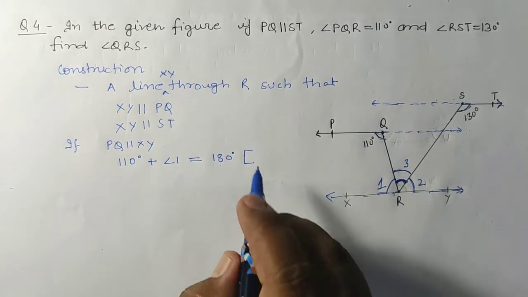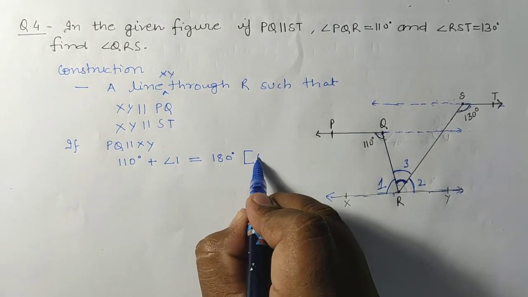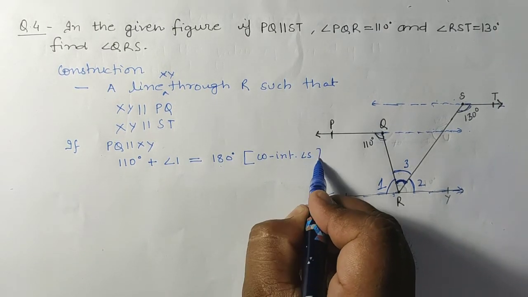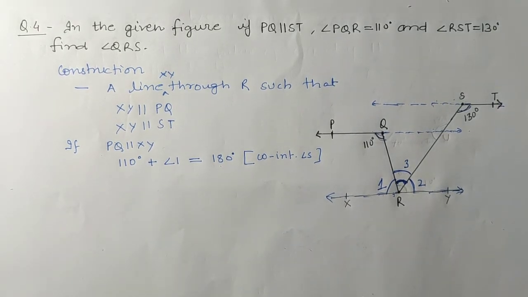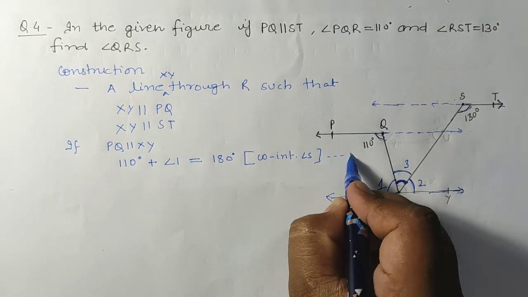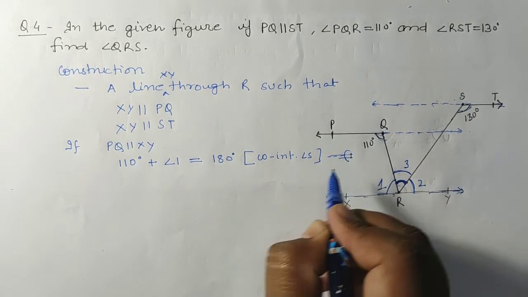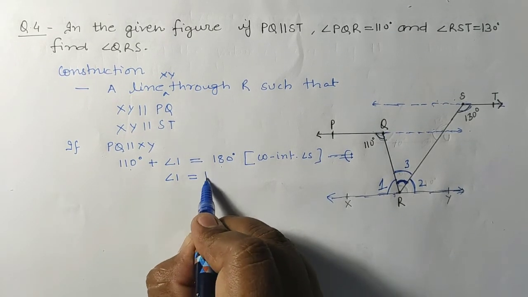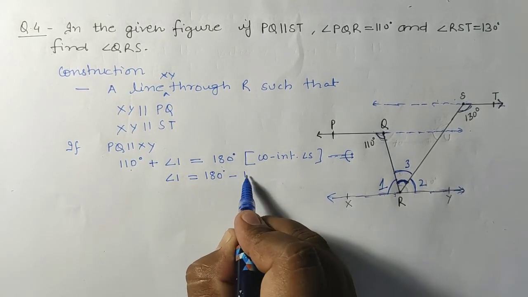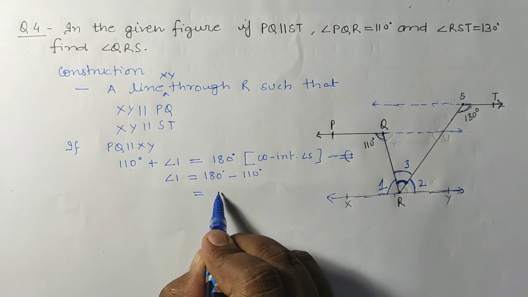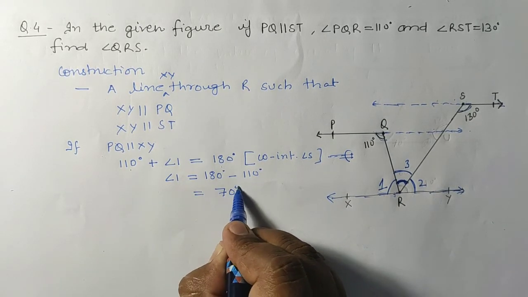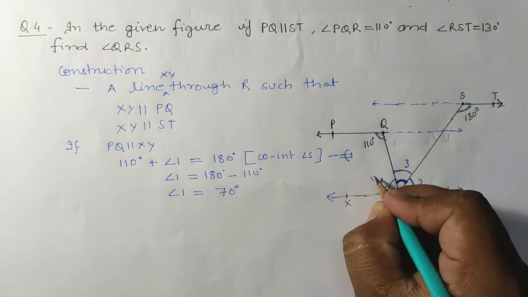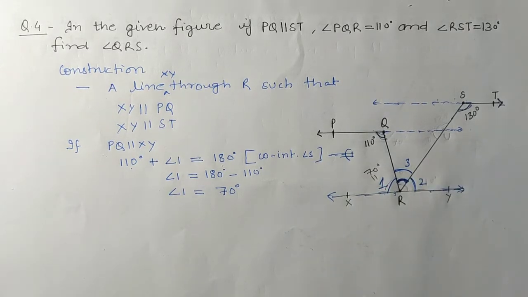These are of the type co-interior angles. Suppose it is equation number 1, or you can find the value of angle 1 from here. Angle 1 is equal to what? When you shift this 110 to the right hand side, you will get 180 minus 110, that is 70 degree. So this angle 1 is equal to 70 degree.